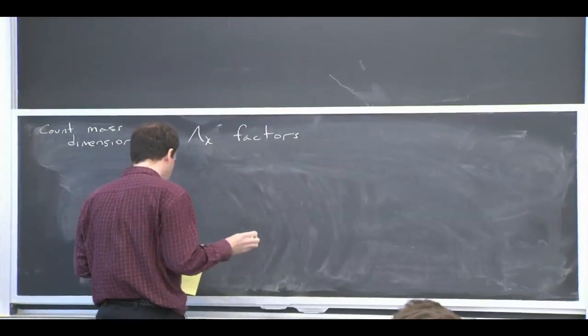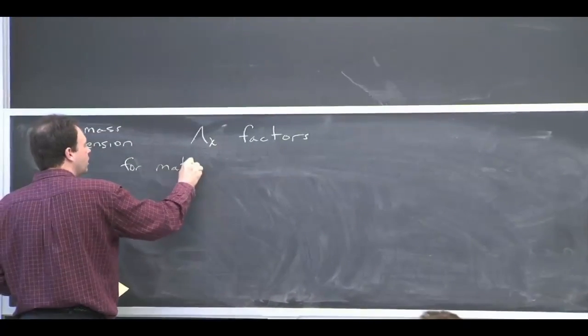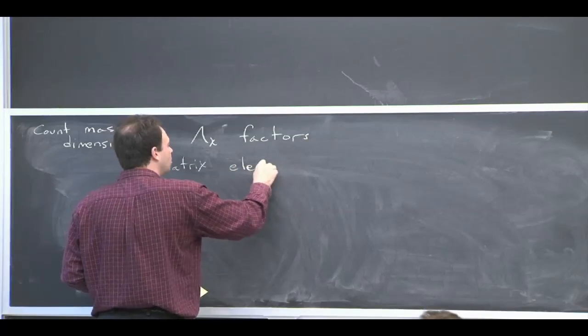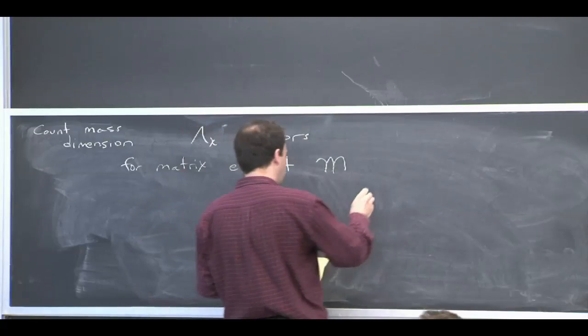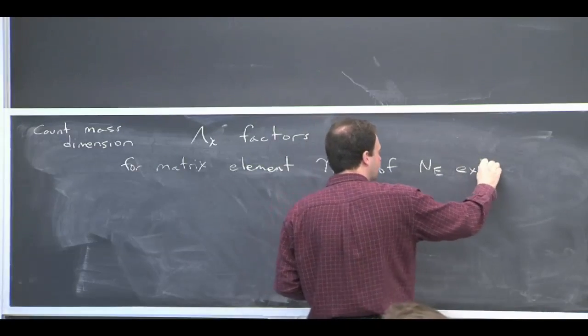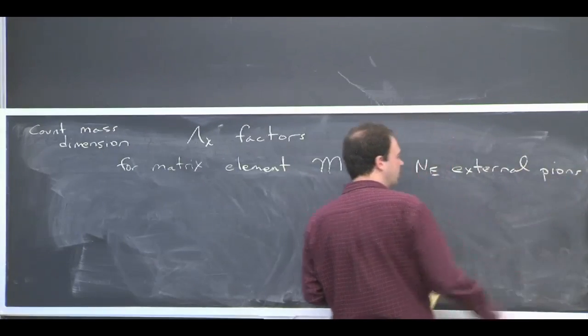Let's think about it that way. And we'll think about counting lambda chi factors for a matrix element, a matrix element that I'll call curly M, which has NE external pions. So NE lines are poking out of it.